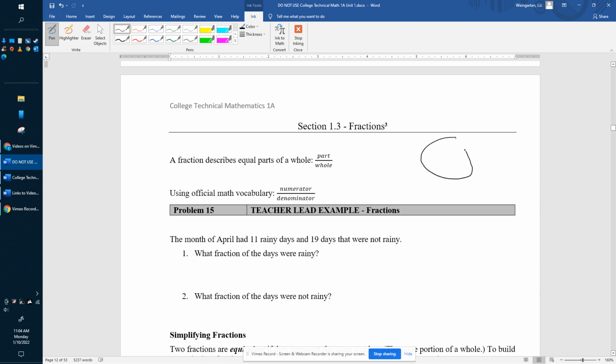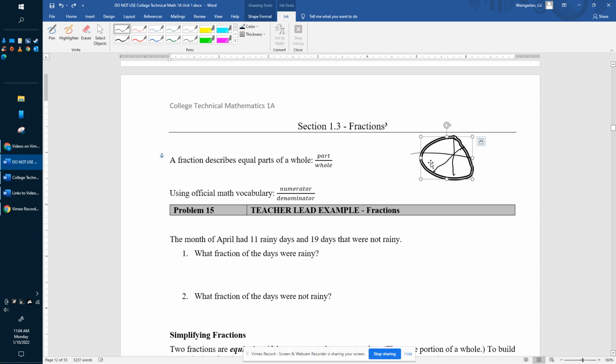Draw a horrible pizza here. Let's cut it into 8 pieces. I can do better than that. There, that's a little better.